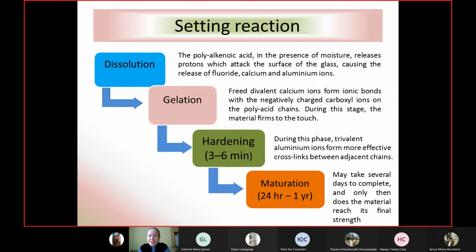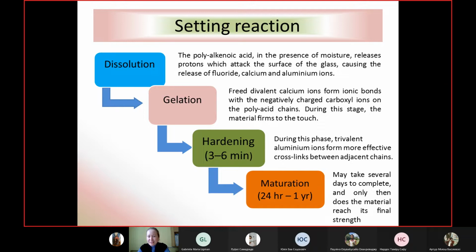During this stage, the material firms to the touch. This is critical. The hardening stage usually starts after 3-6 minutes of manipulation, and during this phase, trivalent aluminium ions form more effective cross-links between adjacent chains.